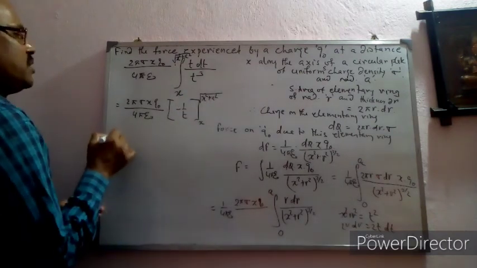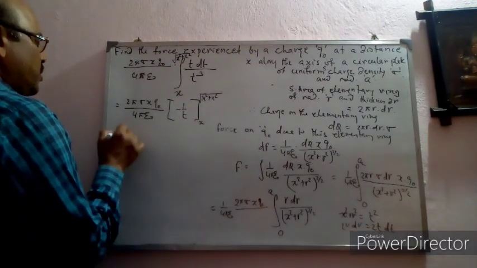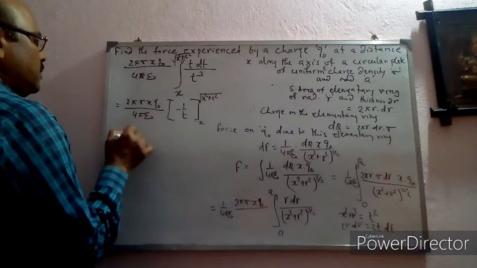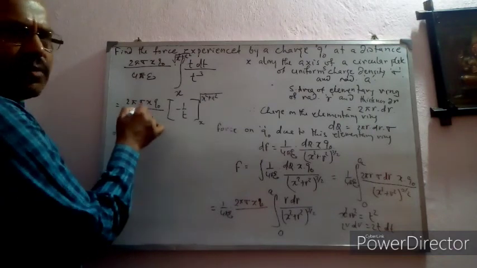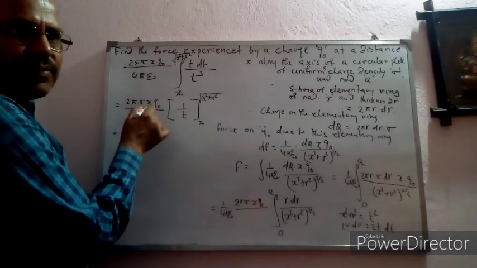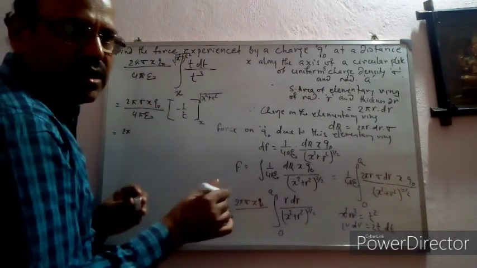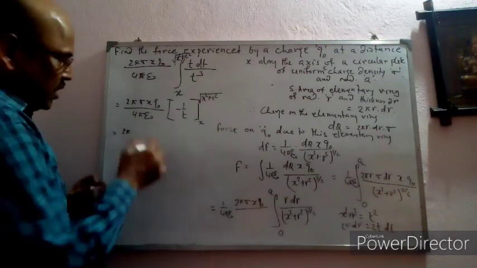So substitute it. Let me cancel 2 pi. Actually 4 pi epsilon naught should not be cancelled, because 1 by 4 pi epsilon naught has a standard value, 9 into 10 to the power 9, so generally it is not cancelled.